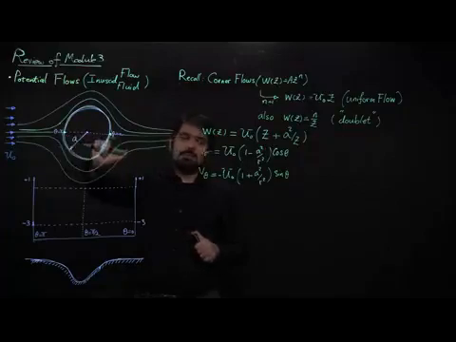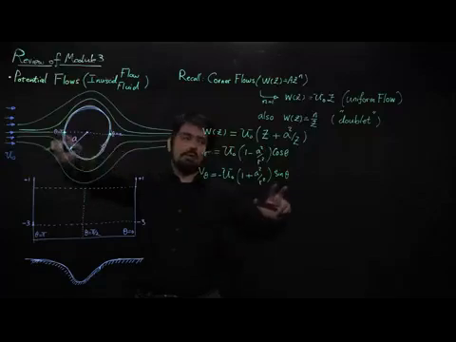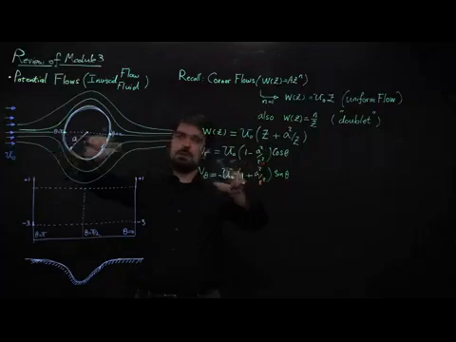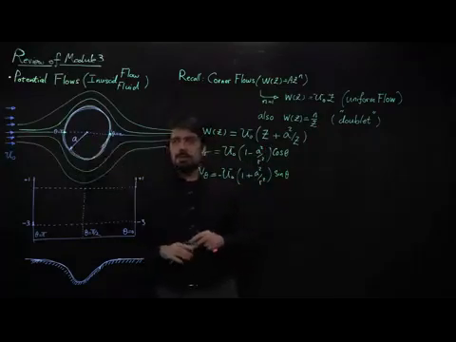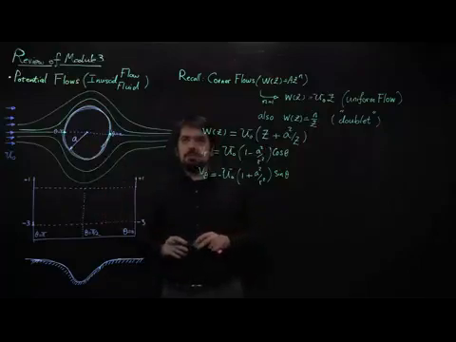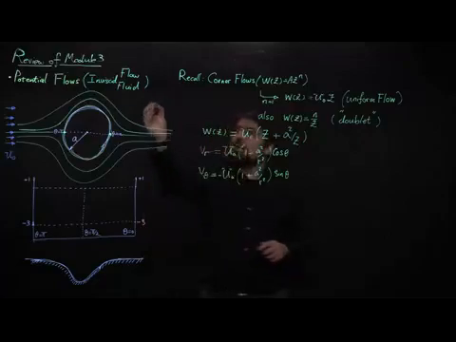And that happens at theta equal to 0 and pi, because sine of theta is 0. And since we are sitting on the cylinder, automatically the prefactor in the Vr expression is 0. So for these two points, both velocity components are 0. And that's what we recall as stagnation points.